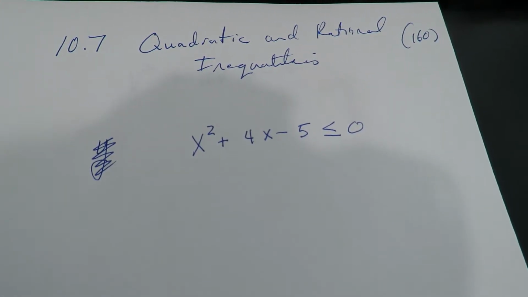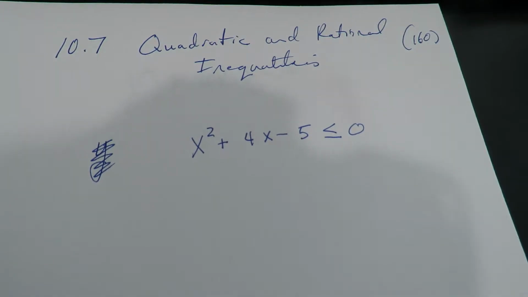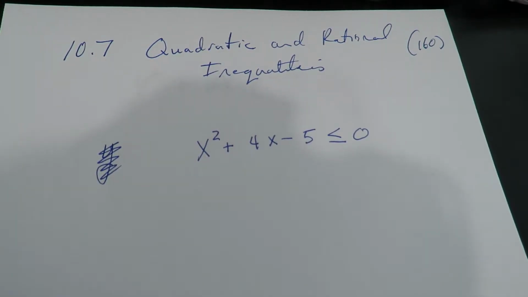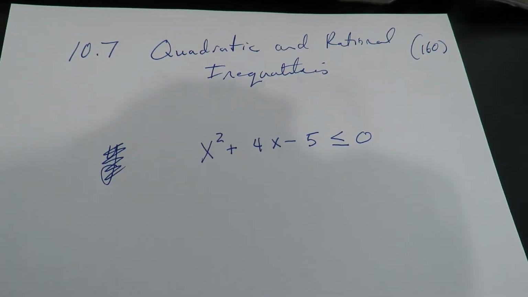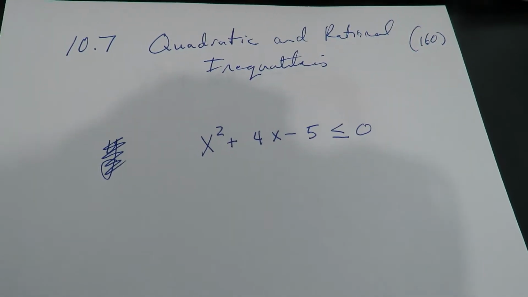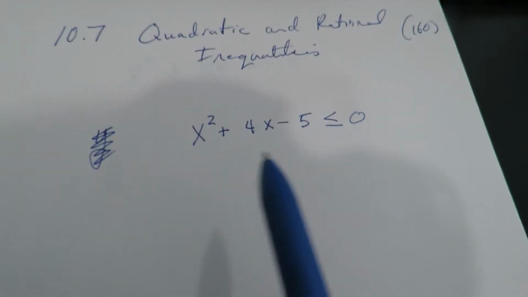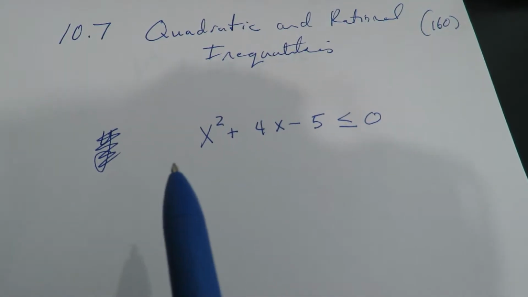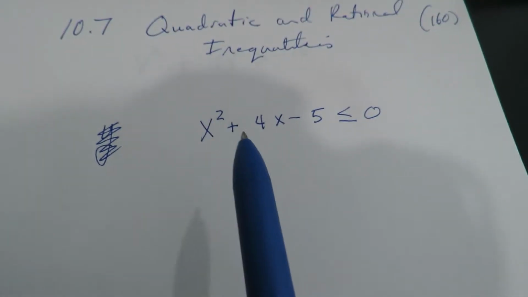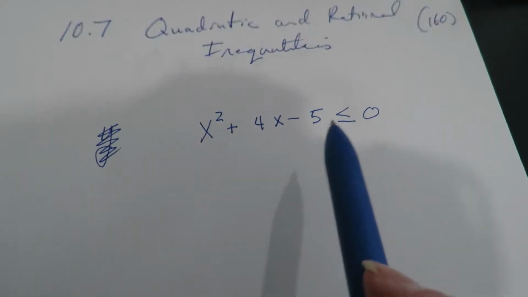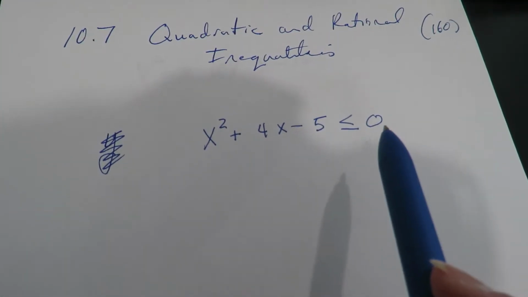Okay, so I'm gonna roll with 10.7 today, so that's quadratic and rational inequalities. And so basically what we're trying to do is figure out what values of x make this parabola less than or equal to 0.